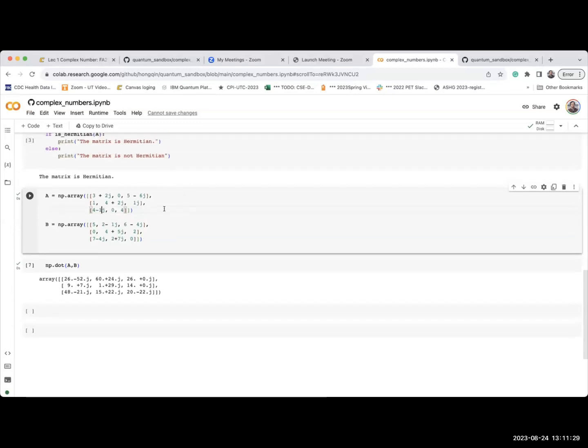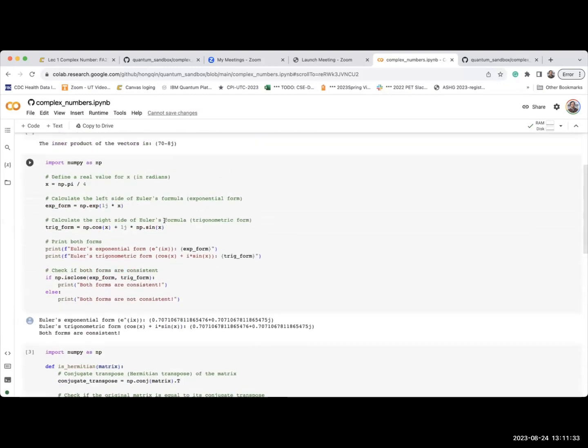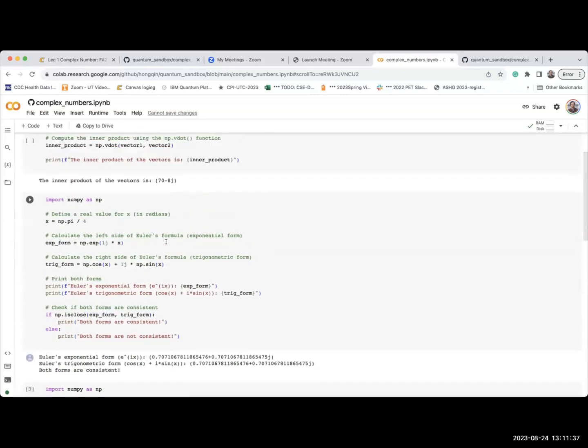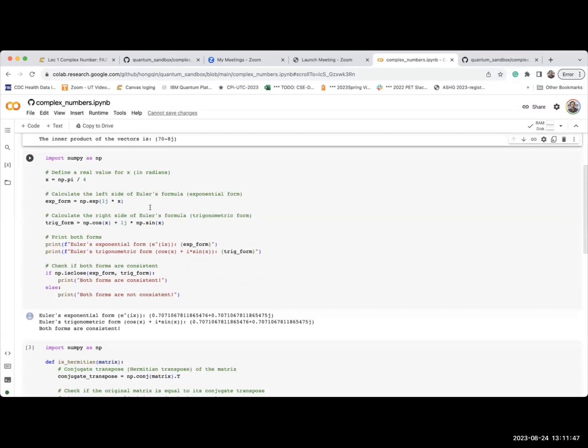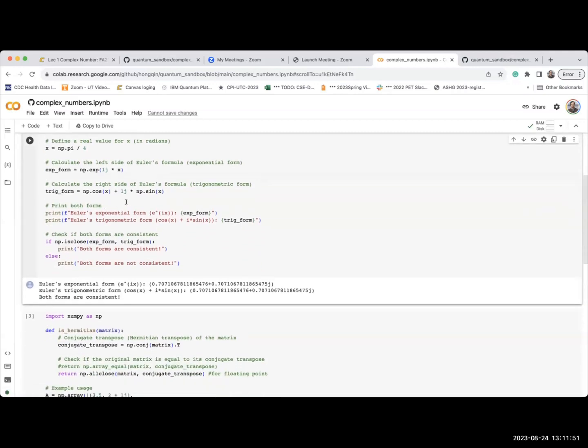Okay, I should put this one at the top. But this is actually from chapter 1. We are just doing dot product of vectors. And this one is also from chapter 1. It's basically trying to verify Euler's formula and verified with the trigonometric form.